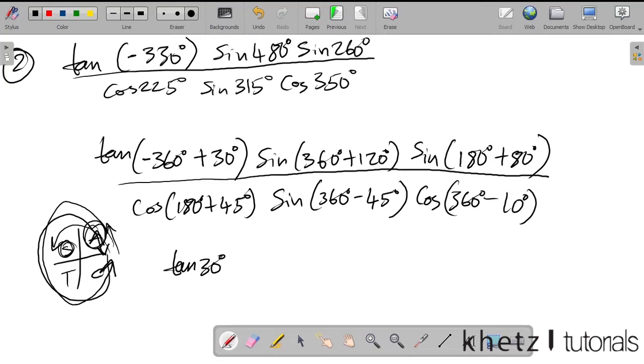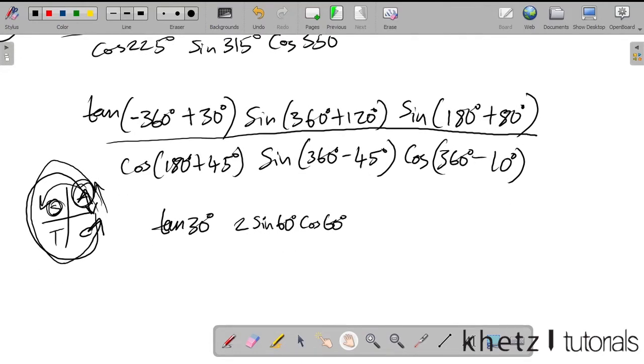Now you'll notice that this is a double angle of 60. So sine 120 is the same as sine 2 multiplied by 60 degrees, right? And we can transform that to 2 sine 60 degrees multiplied by cosine 60 degrees.